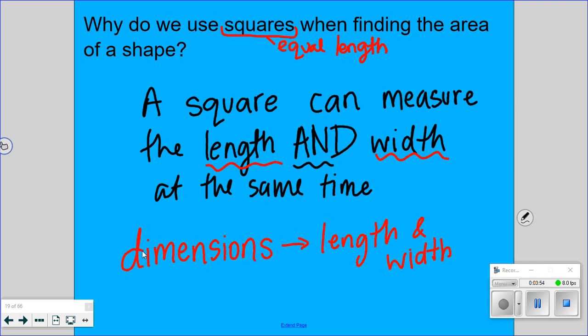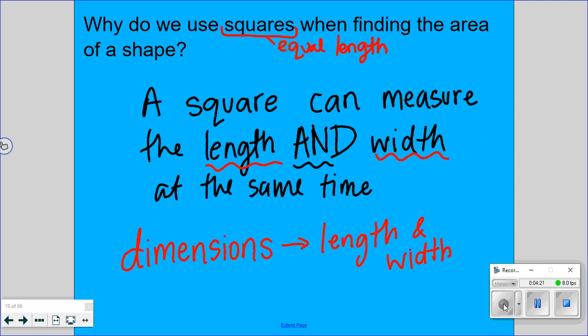There is a third dimension, which is height. We are not measuring height in third grade. When you see something that says this is 3D, that's because that shape has length, width, and height. The shapes we're looking at today are 2D. We're only looking at length and width.